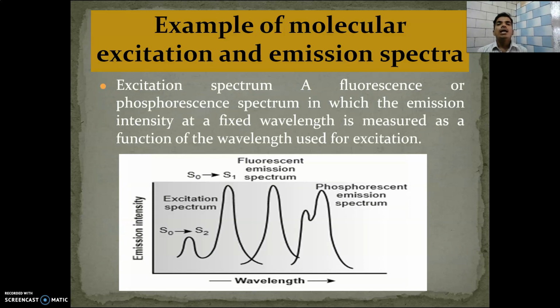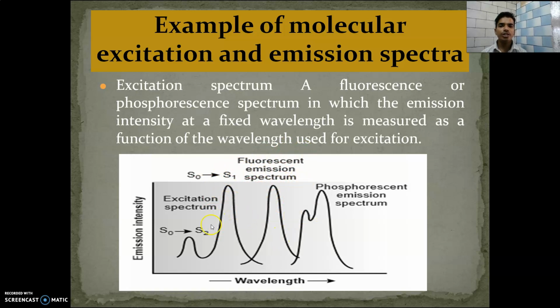Then an example of molecular excitation and emission spectra. The x and y axes indicate wavelength and emission intensity respectively. The emission spectrum of fluorescence or phosphorescence is measured at a fixed excitation wavelength.